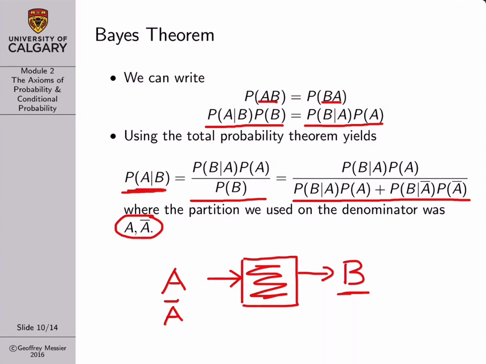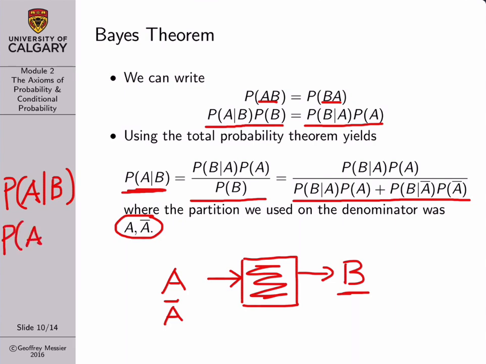So which has the bigger conditional probability? Based on the fact that we've observed some value for B, we've sampled some noisy receiver and we've got a certain voltage value, and that's B. Given that we've observed B, what's more likely?